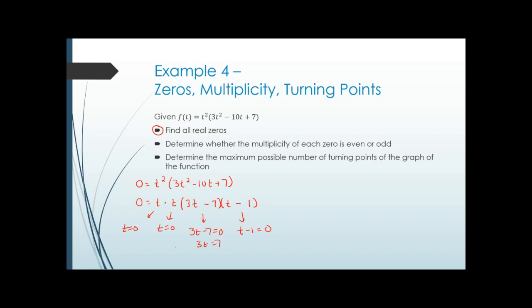And then you divide both sides by 3, so we have t equals 7 over 3. Then when I solve t minus 1 equals 0, we get t equals 1. So we have 4 numbers here, but one of them shows up twice. Our zeros are 0, 7/3, and 1.